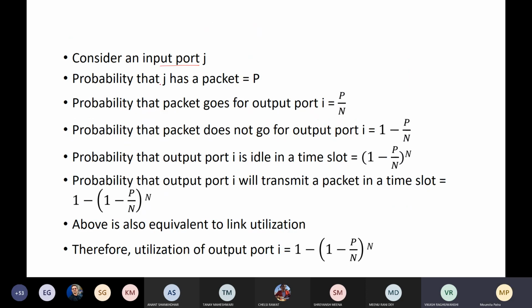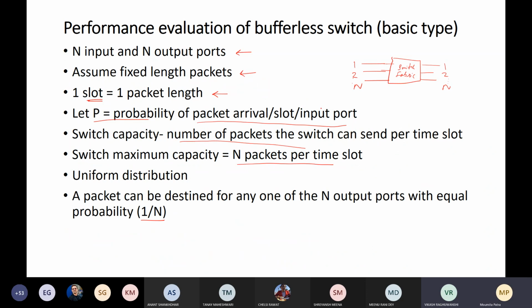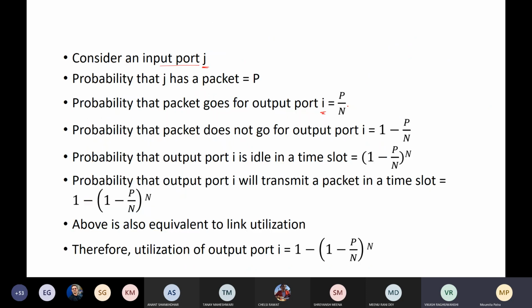The probability that this input port J is having a packet is P. Now the probability that it goes for a particular output port I is P by N, because a packet can be destined for any one of the N output ports with equal probability 1 by N. The probability that the packet does not go for a particular output port I is of course 1 minus P by N. The probability that the output port I is idle in a time slot will be (1 minus P by N) power N, right?